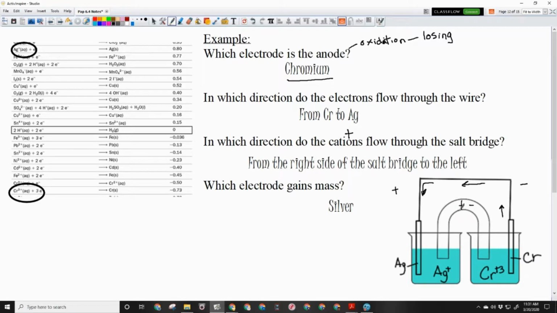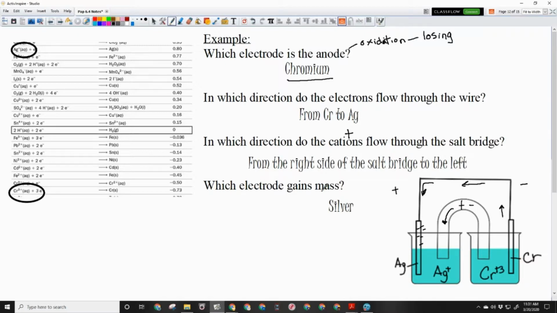The positive is going to flow towards wherever the negative buildup is. If electrons are negative and flowing this way, we're going to have negative charges build up here. So the positive ions are going to have to flow in this direction, towards the silver, from the right of the salt bridge to the left. And that's where we have the arrow here.